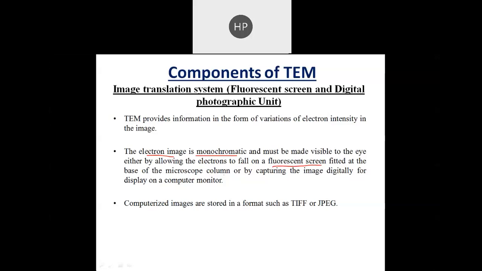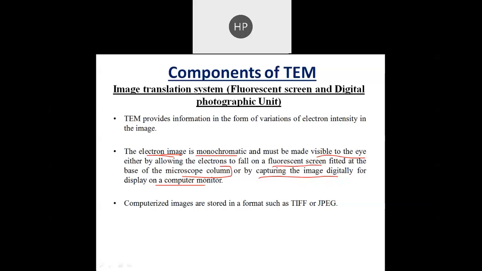Okay, so this is one option for converting the electron image into an image which can be visible to the eye. Or, by capturing the image digitally for displaying on a computer. Okay, so this is the second option. We can capture that electron image and convert it into an image that can be displayed on a computer, and that computer image will be visible to the human eye.